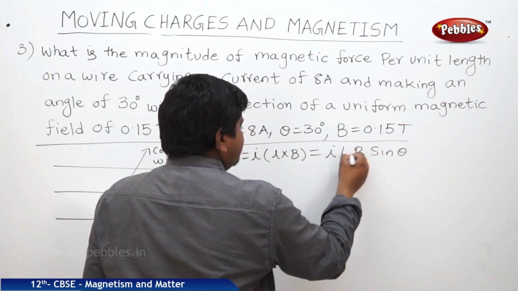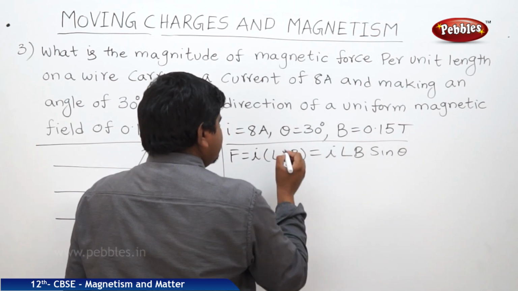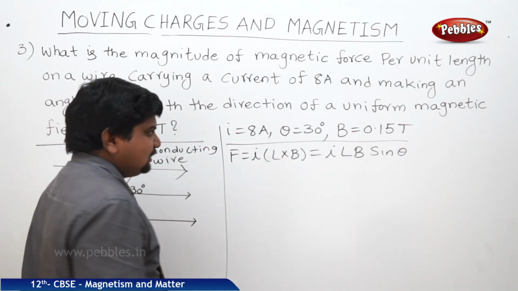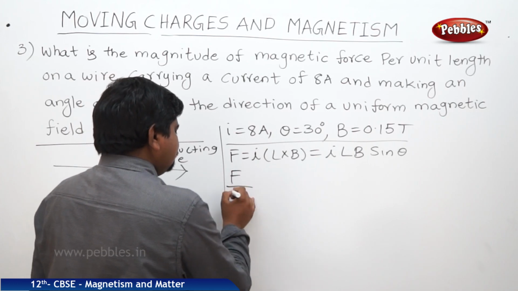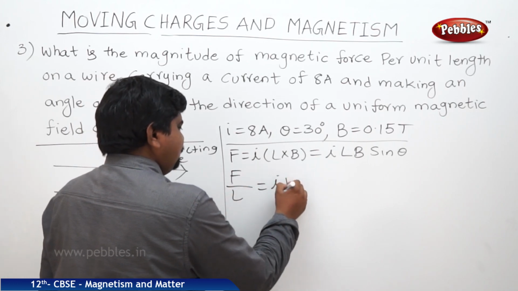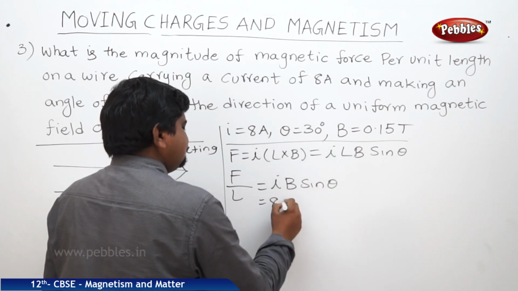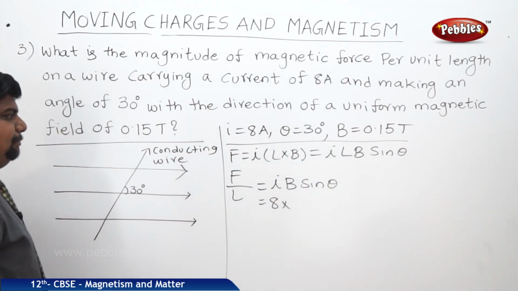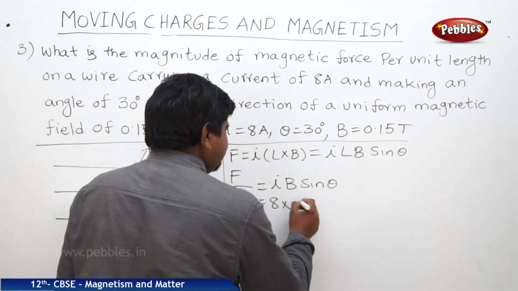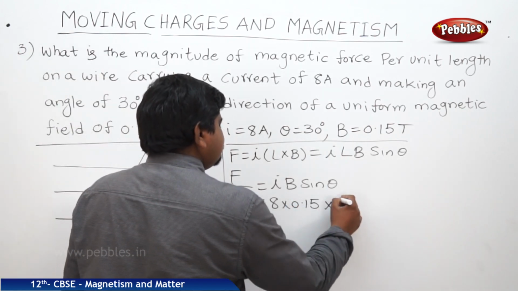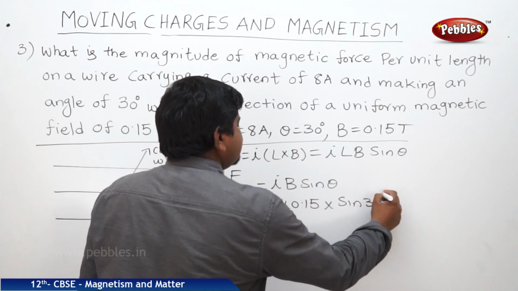So we can write I L B sin theta, so F by L is equal to I B sin theta. I is 8 amperes, B is 0.15, sin 30 degrees.